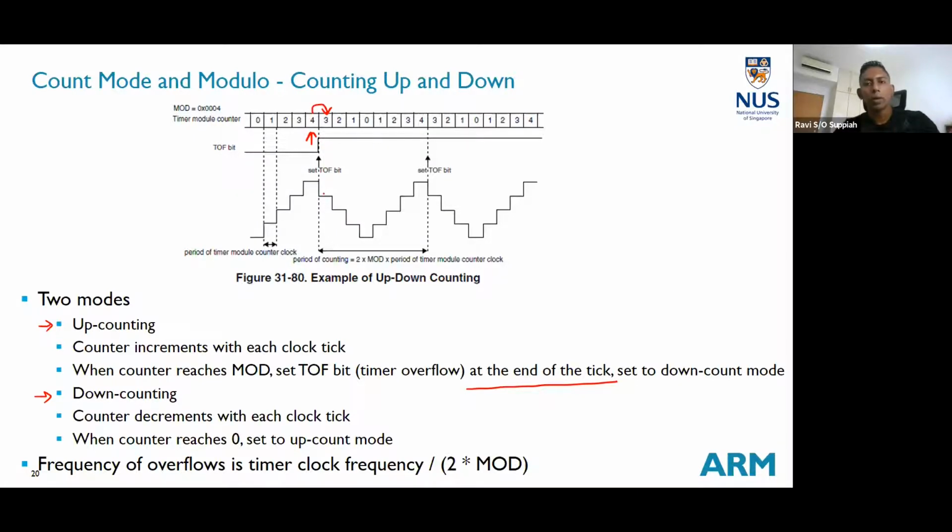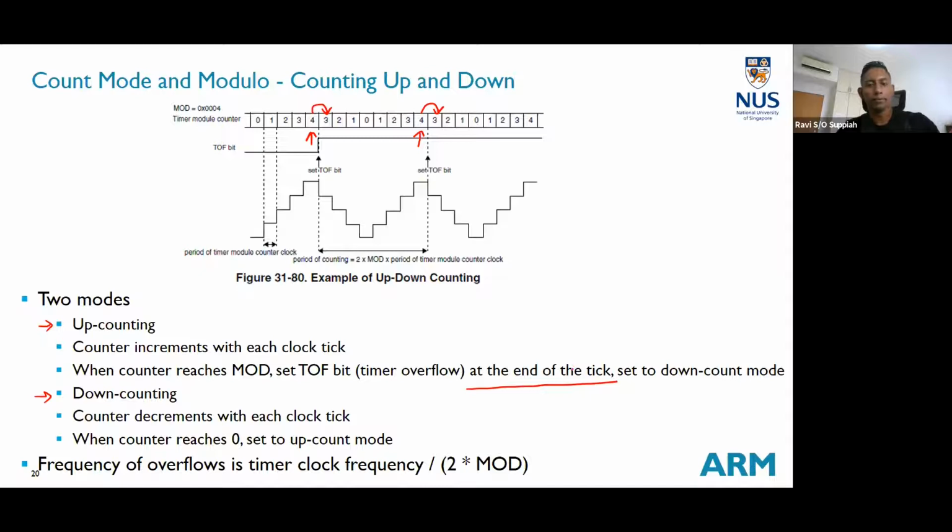It will count down all the way to 0 and then it will count up again. Then it will set again the next time from the mod value I overflow and count down. So it is at the end of that tick where I switch from up count to down count.